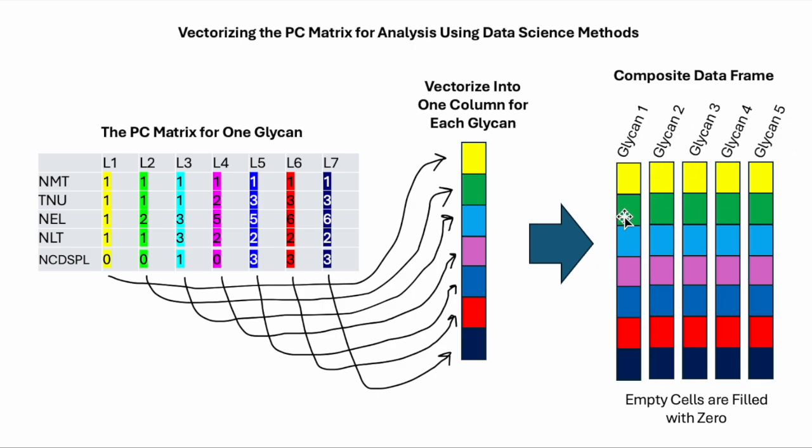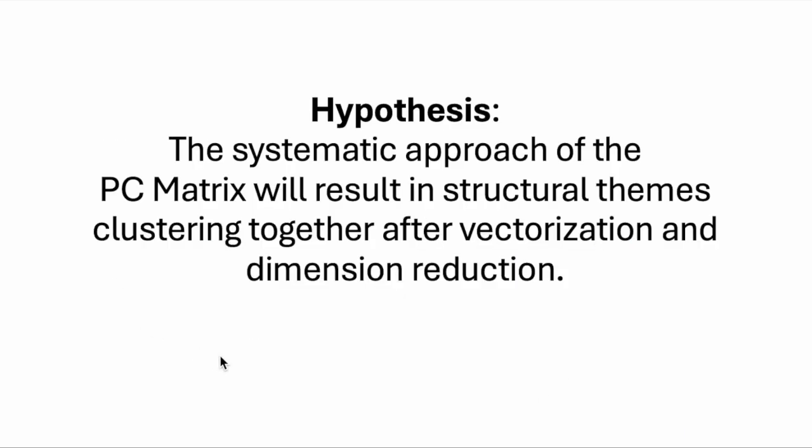And the data table will have the exact same order of features in every single layer. Thus, when you do dimension reduction techniques on this data frame, the results are actually meaningful as opposed to meaningless and not reproducible. My hypothesis is that the systematic approach of the PC matrix will result in structural themes clustering together after vectorization and dimension reduction.